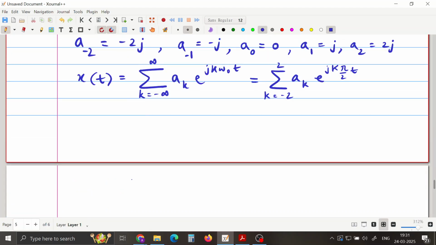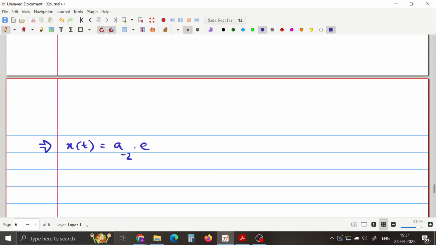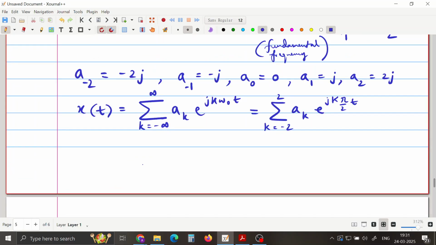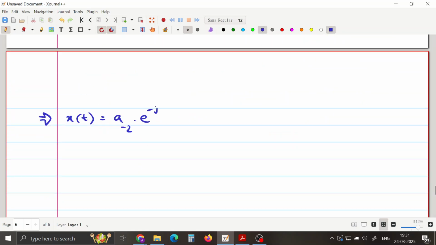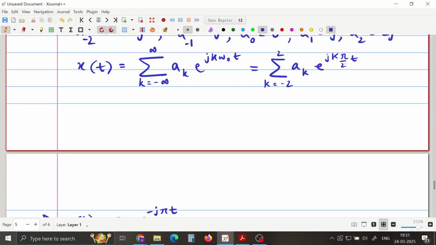a minus 2, corresponding to k equals minus 2. I'll have a minus 2 times e power minus j pi t, because for this exponential term I'm putting k equals minus 2.